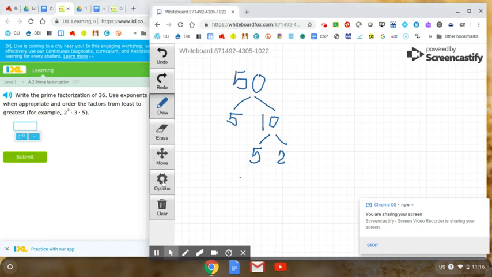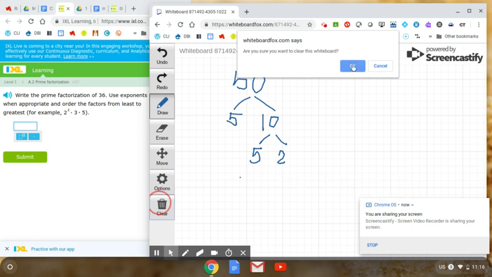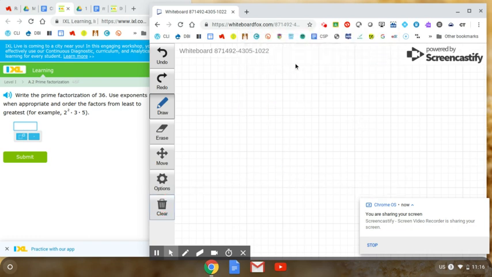Next one, 36. What is 36? 36 is 6 times 6, right? But then 6 is not a prime number, it's a composite number. So 6 is 2 times 3, right? And this 6 is also 2 times 3. So when we put it together, we'll be like 2 times 3 times 2 times 3.